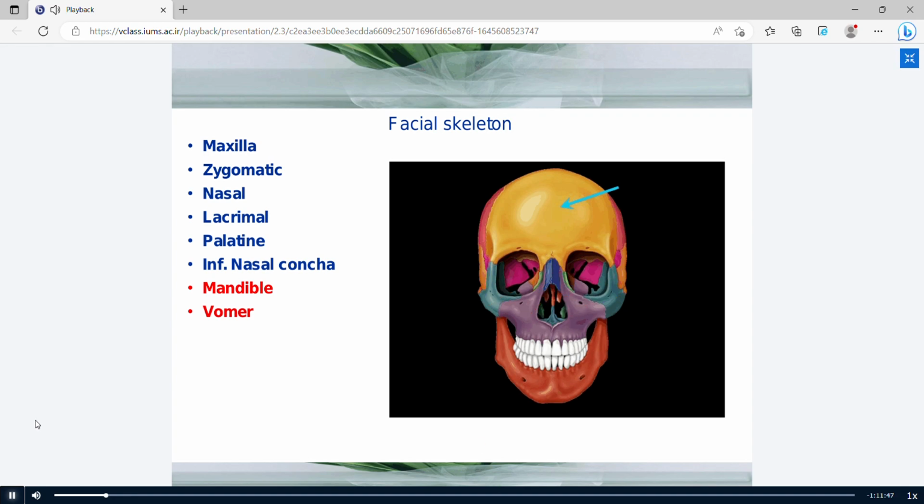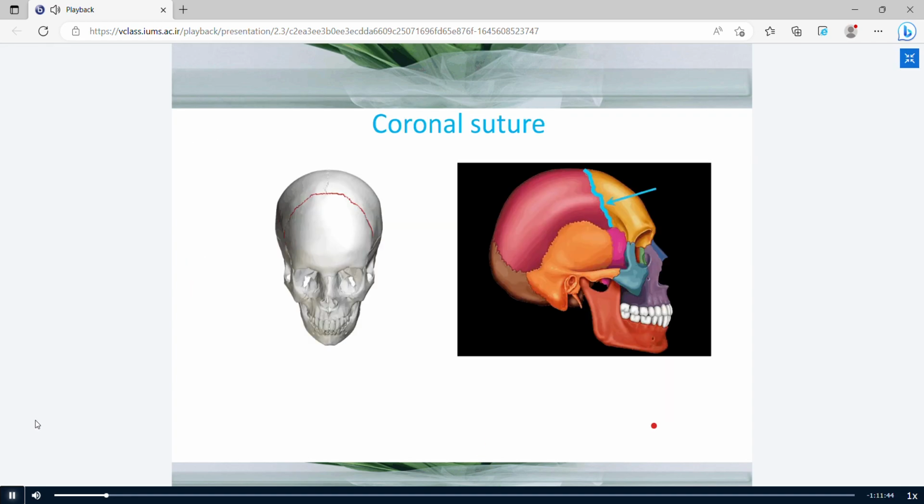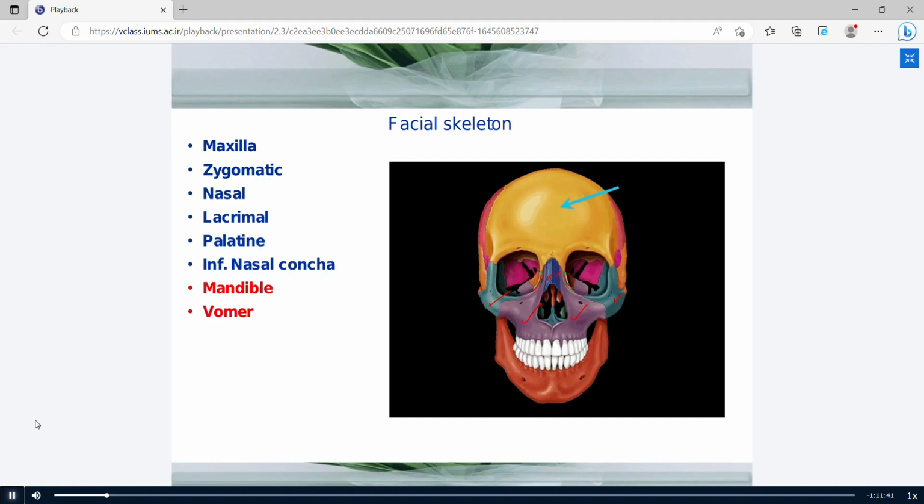The palatine bone is located posterior to the maxillary bone, and finally 2 inferior nasal conchae bones. And finally, you can see one mandible bone and one vomer bone. This blue bone is the vomer, attached to the ethmoid bone.